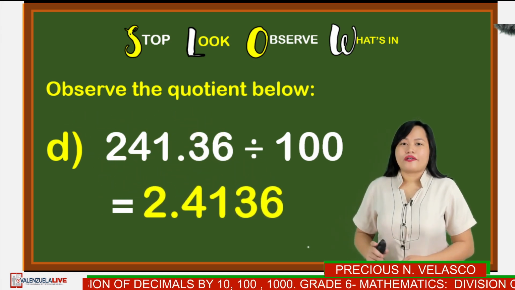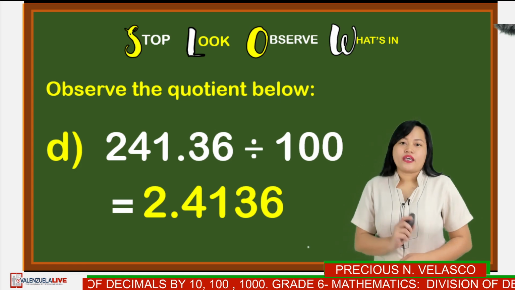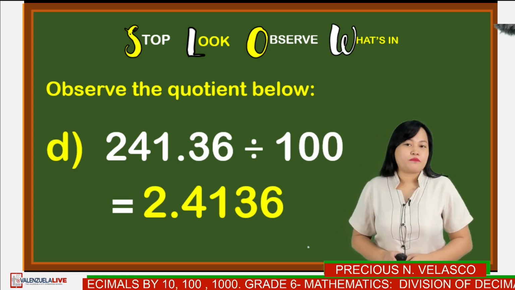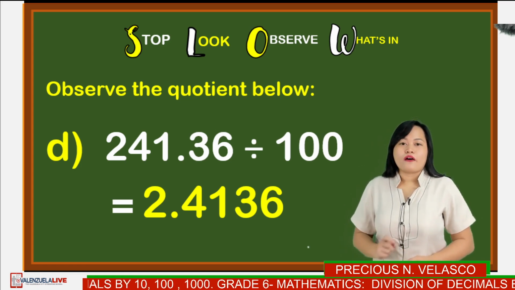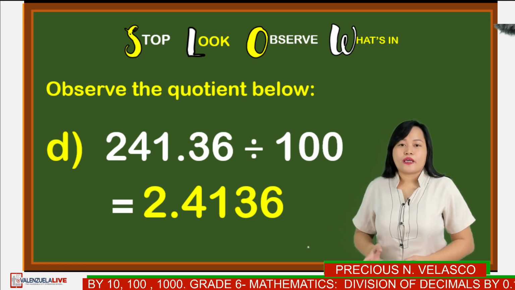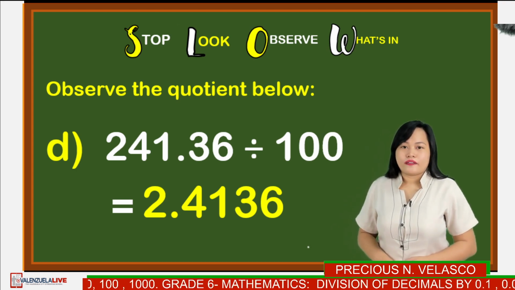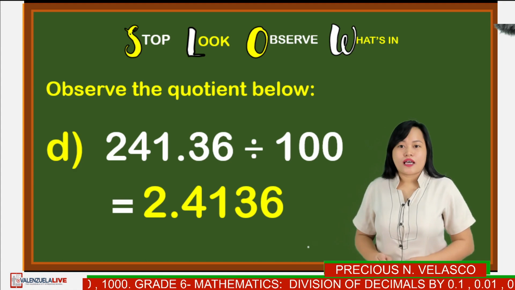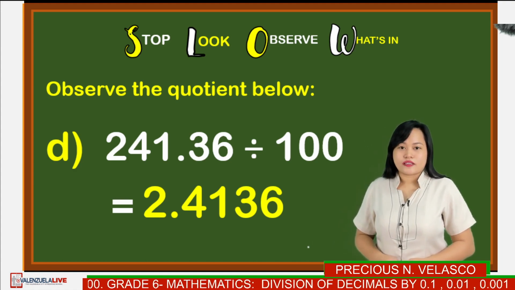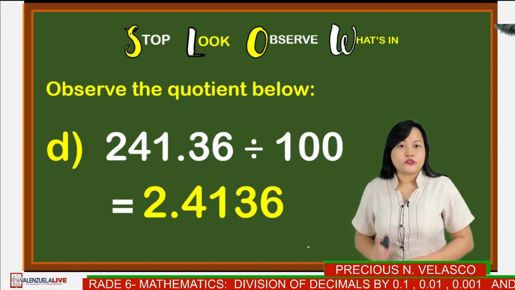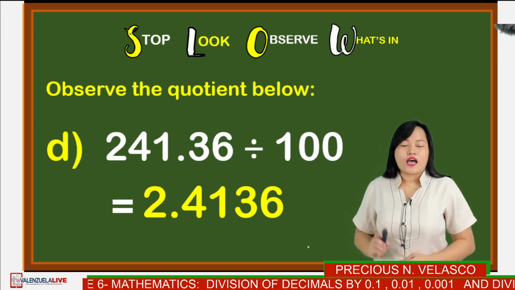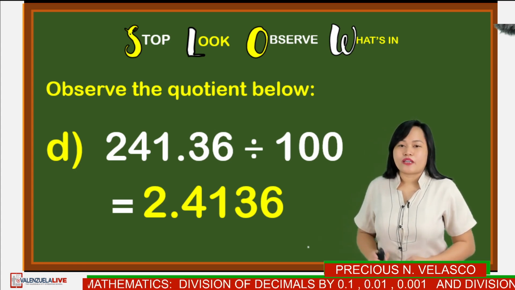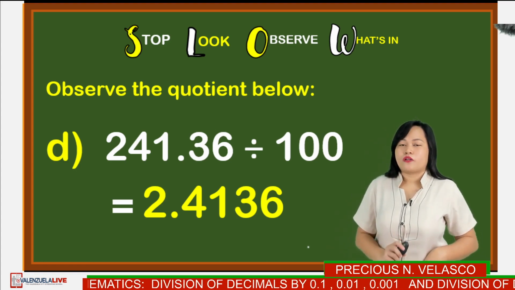So what are these numbers? Very good, these numbers are decimal numbers. But how about our divisors? We divide them by tenths, hundredths, and thousandths. Did you notice the pattern? I'm sure you do. Let's see if you can answer the following equations.